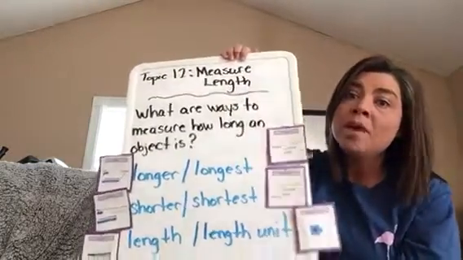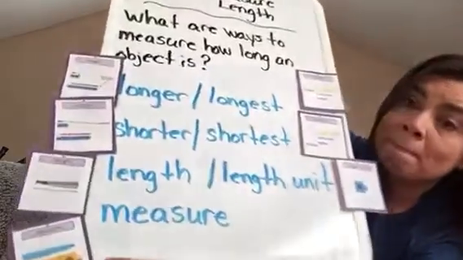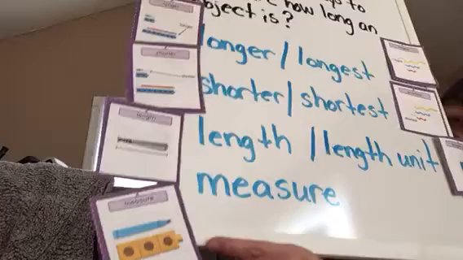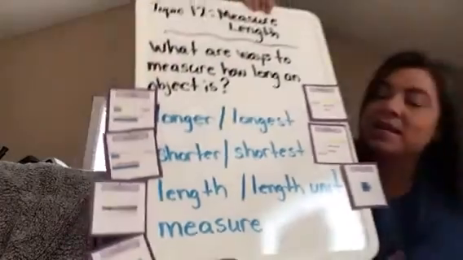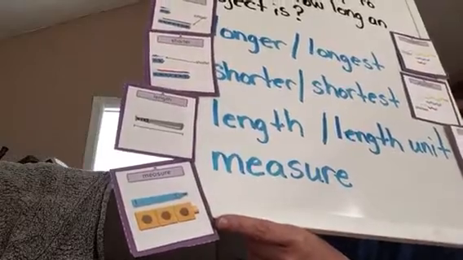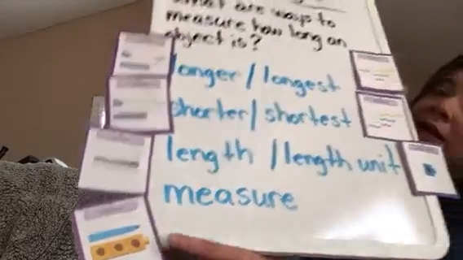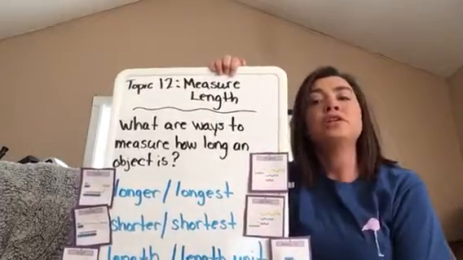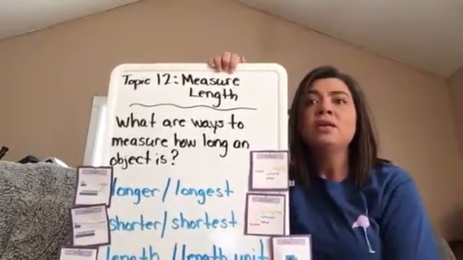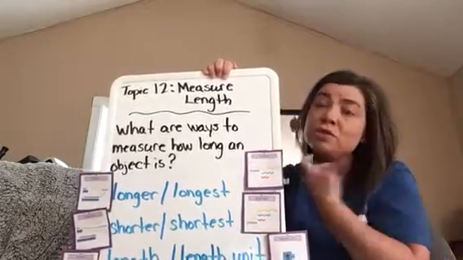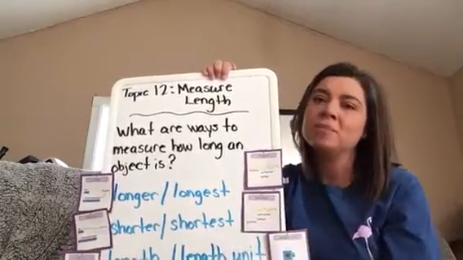When you measure something, you are trying to find that distance from one end of an object to another. And here you can see that they used cubes to measure how long a marker is. We're going to be talking about how you can use paper clips, how you can use cubes, how you can even use pasta noodles, like macaroni noodles, to measure how long something is.